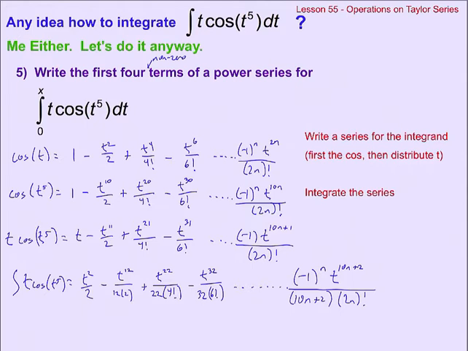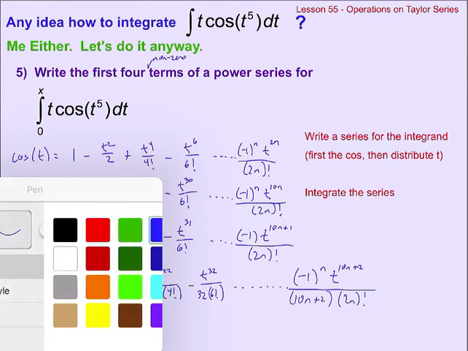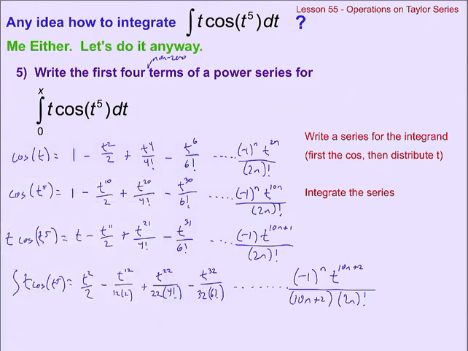And so that's the antiderivative of t times cosine of t to the fifth with respect to t, which means if we want to write that as a function of x, as an accumulation function, and that's what the second piece of the directions is, now we can write that as the sum of a bunch of terms with x in it.